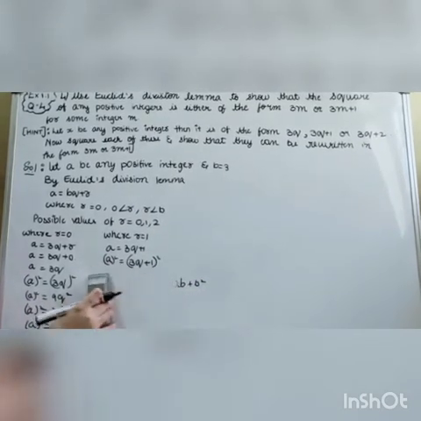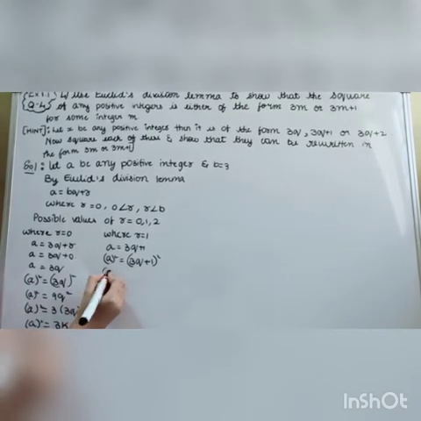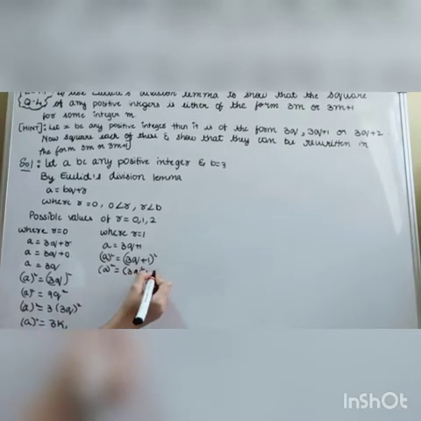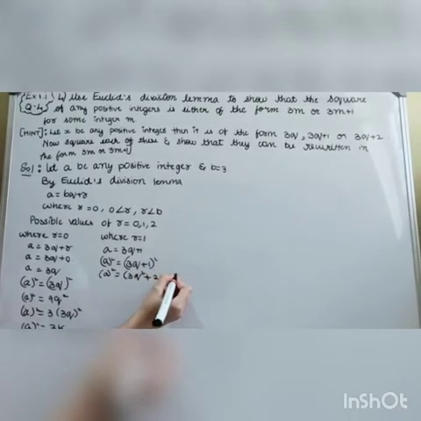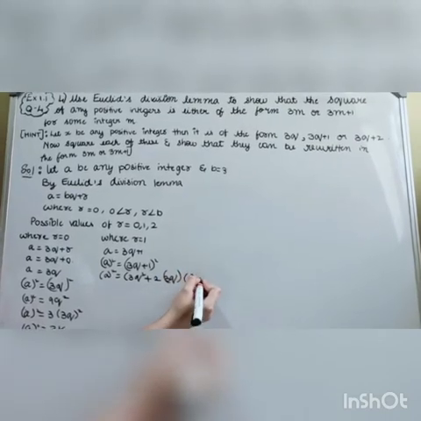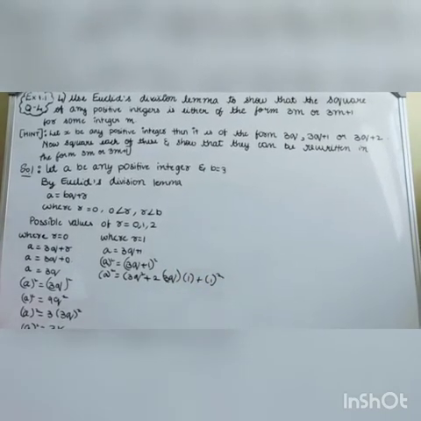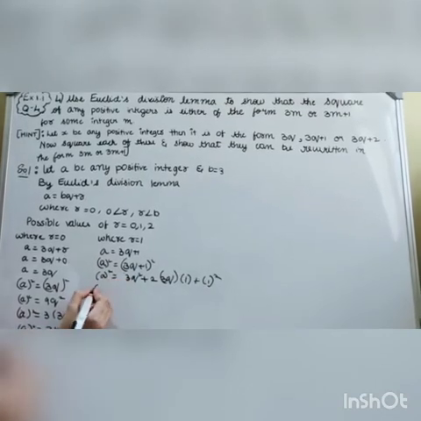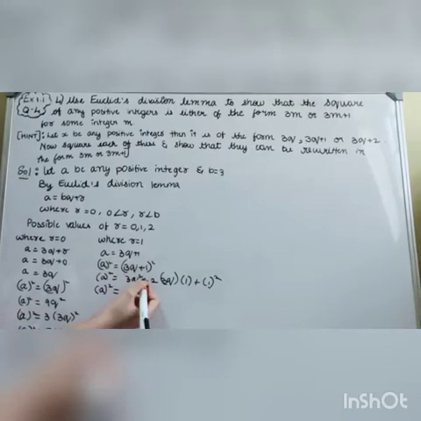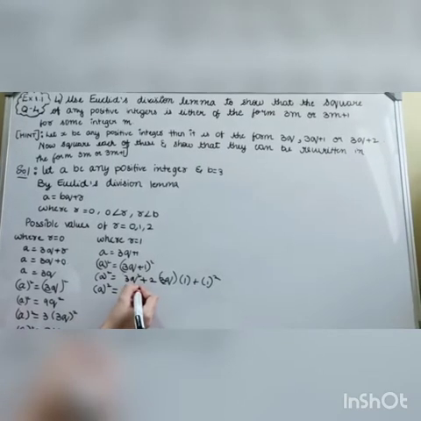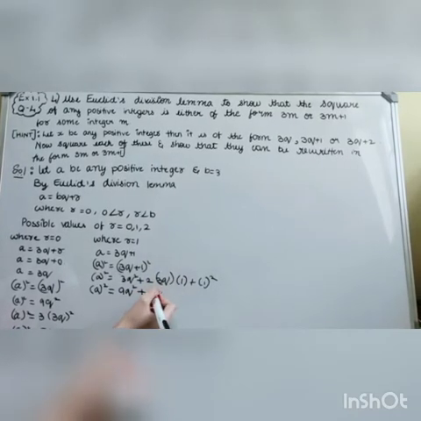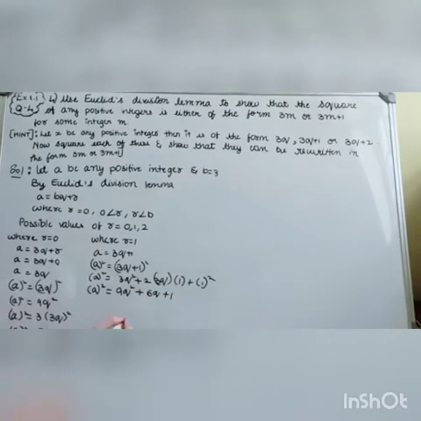So a square is equal to (3q) the whole square plus 2 times 3q times 1 plus 1 the whole square. Now we will continue this. 3 3s is 9, so we write 9q square plus 6q plus 1.